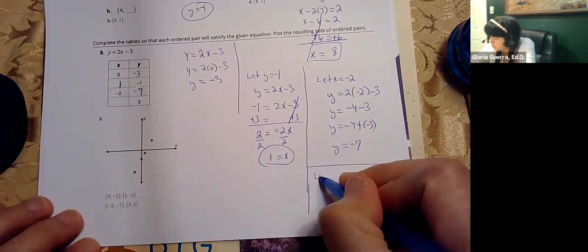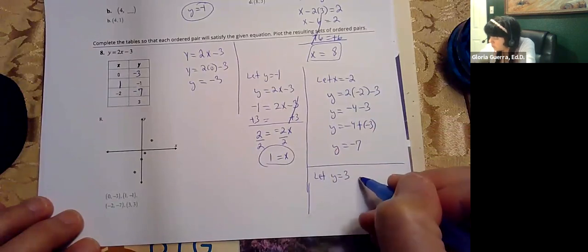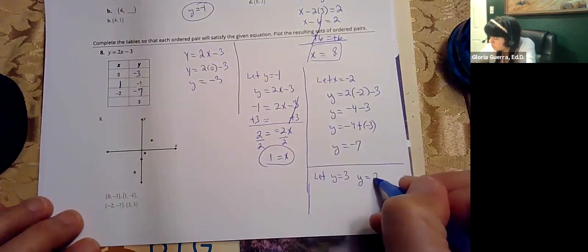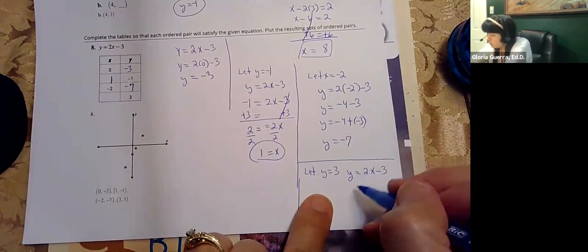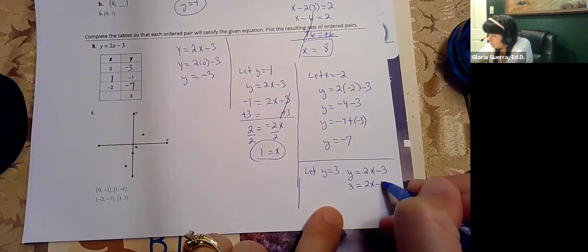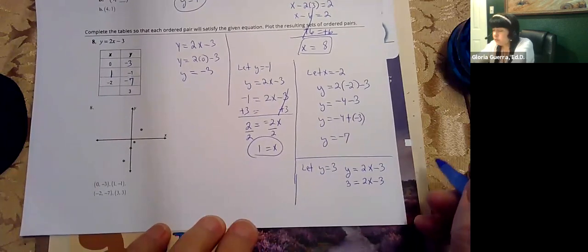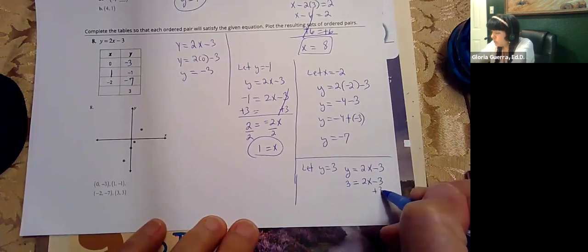And then now you're going to let y equal 3. y equals 2x minus 3. And everywhere you have a y, you're going to plug in 3. 3 equals 2x minus 3. And you have to solve that for x. So you have to add 3 to both sides.